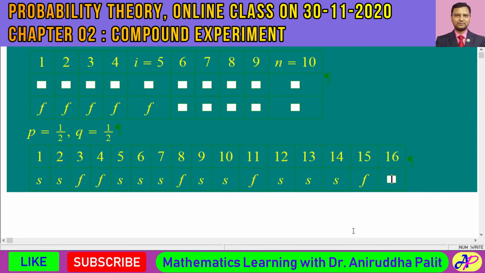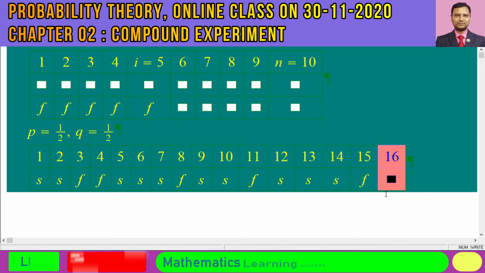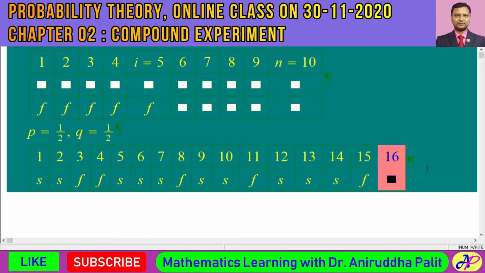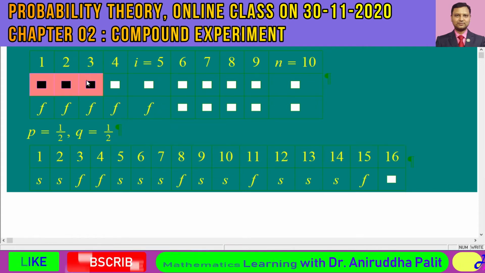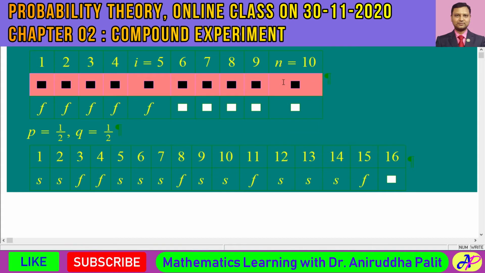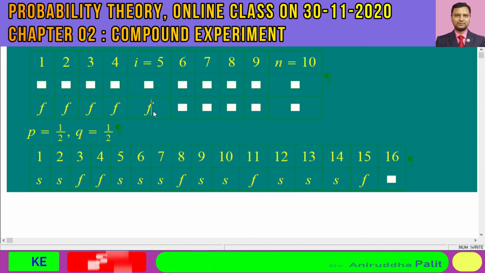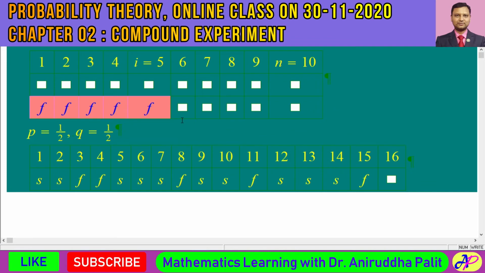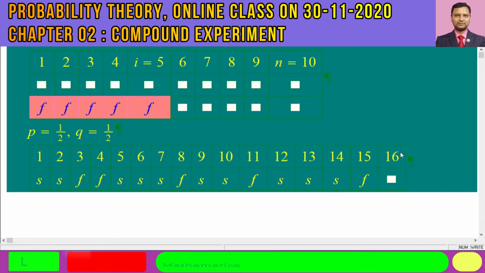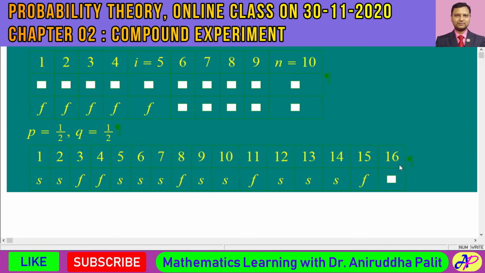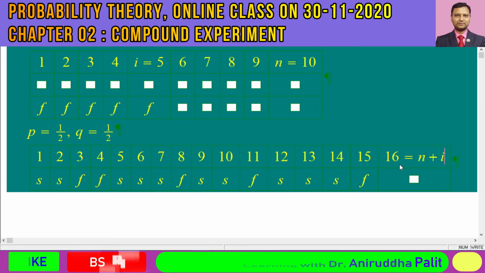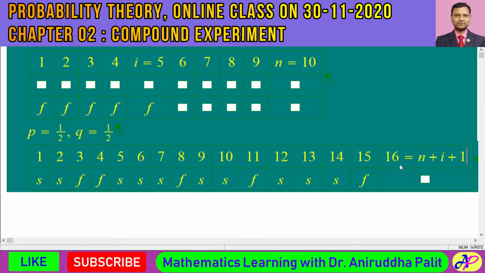Over here, I am talking about this trial number 16, and in the 16th trial, we are observing that for the first time, one box is found to be empty, and remaining there are i number of sticks in the second box. So what would this number 16 be? It should be 2n minus i plus 1 number of trials.